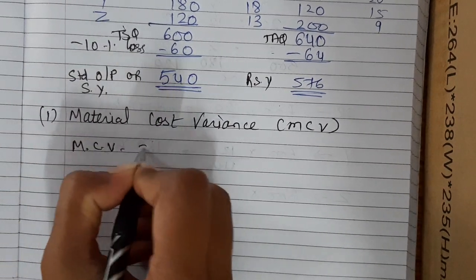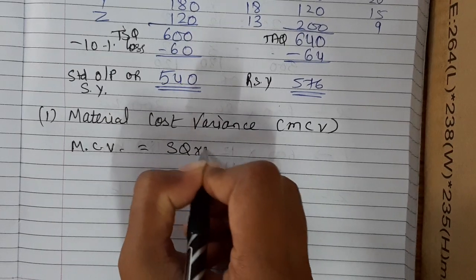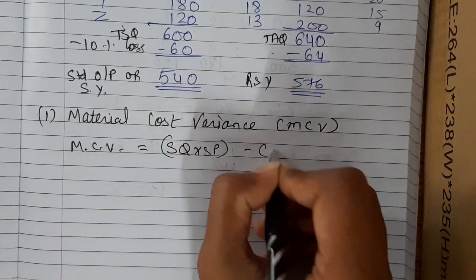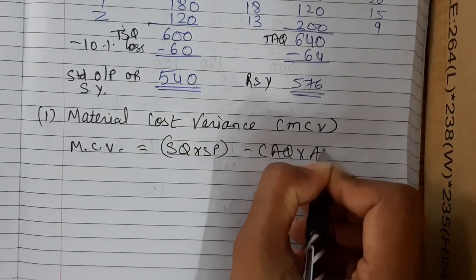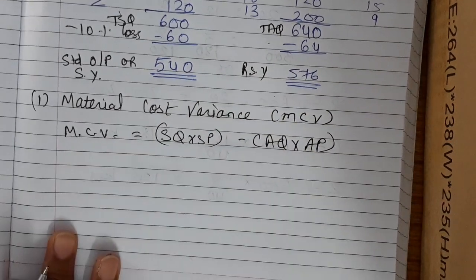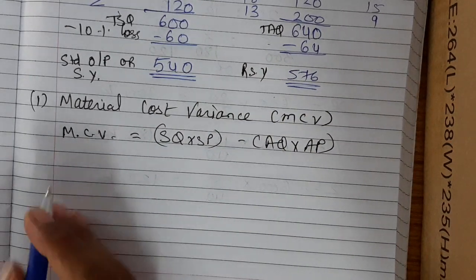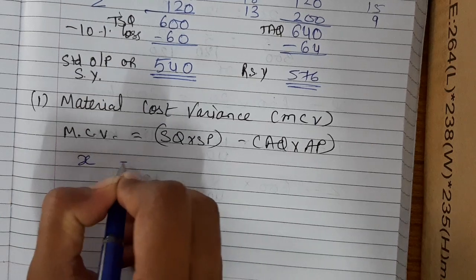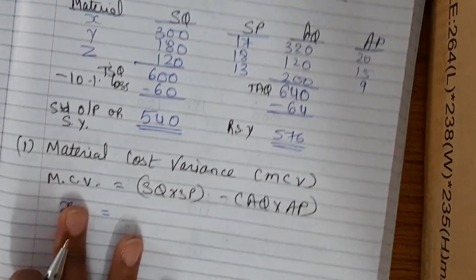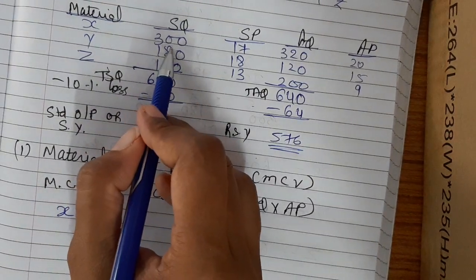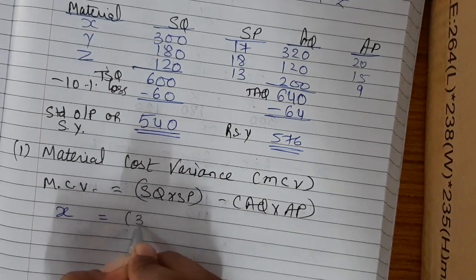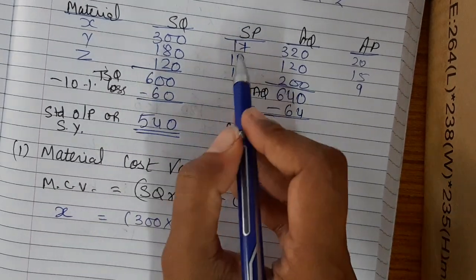So the formula is SQ into SP minus AQ into AP. For material X, standard quantity is 300. See, directly you can take the amount from this table.